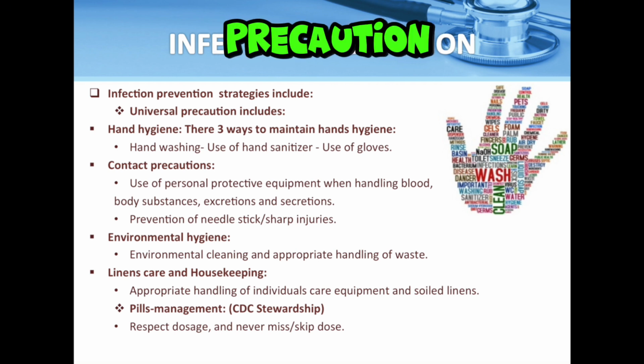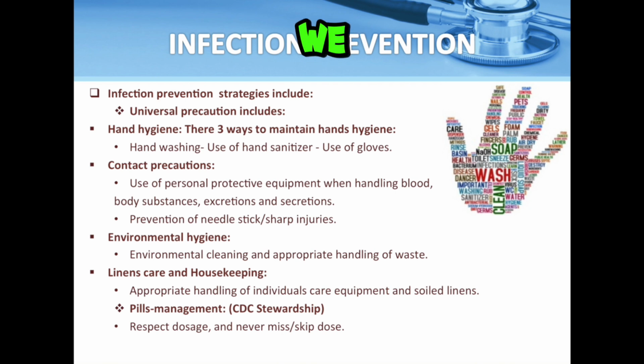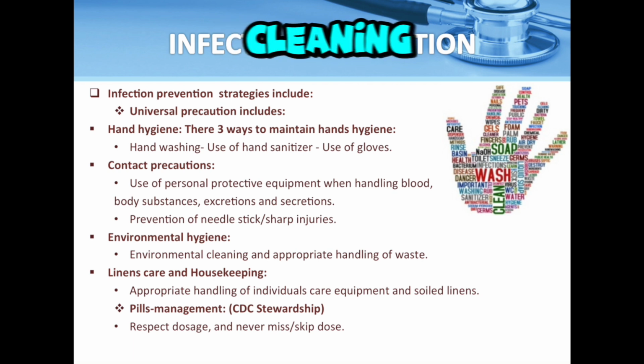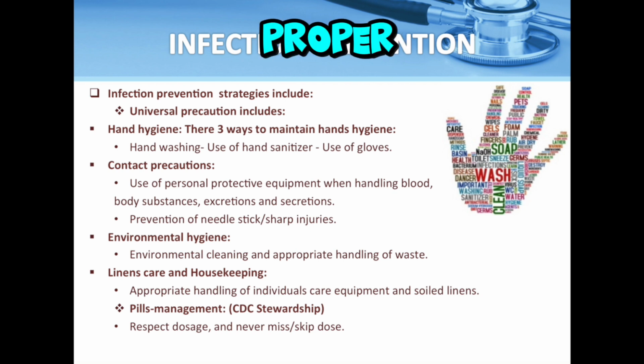Contact precaution is another one. We must use personal protection when handling body fluids, secretions, or needles and other sharps. Environmental hygiene is another part of universal precaution, which includes cleaning and proper handling of waste.